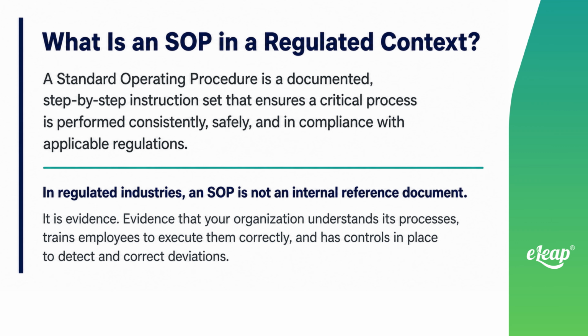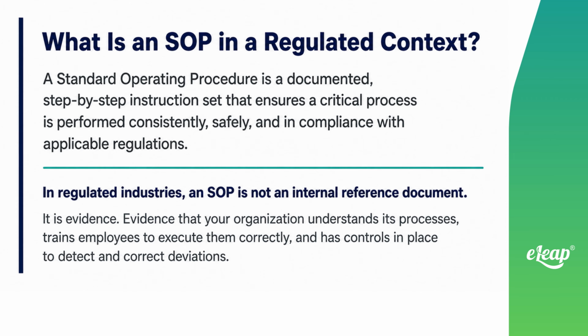In regulated industries, life sciences, medical devices, aviation, manufacturing, an SOP isn't simply an internal reference document, it is evidence. Evidence that your organization understands its processes, trains employees to execute them correctly, and has controls in place to detect and correct deviations. That distinction changes how you write them.